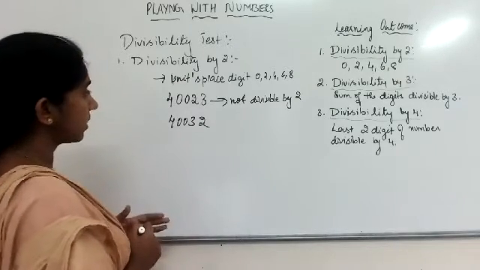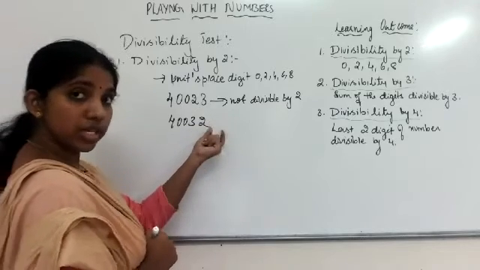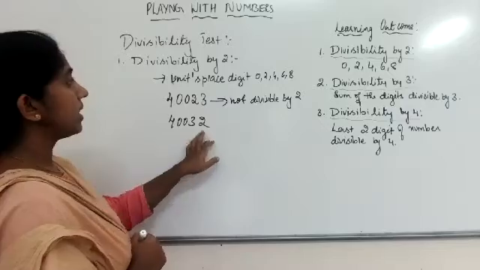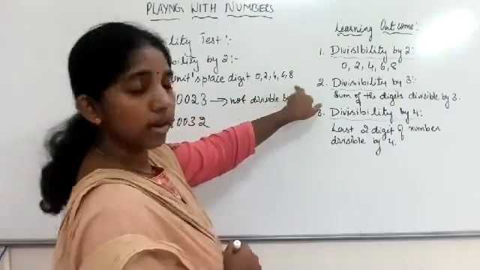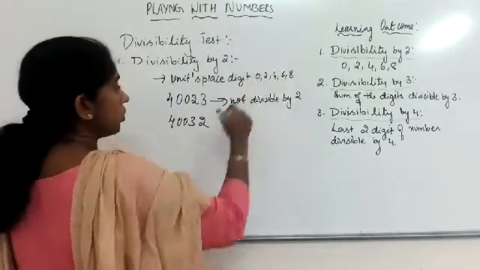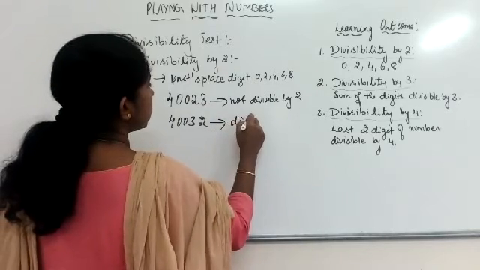Look at the units place of 40,032. We have the digit 2, and 2 is present in our condition, so this number is divisible by 2.